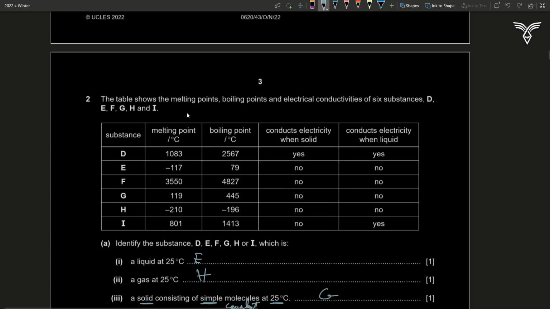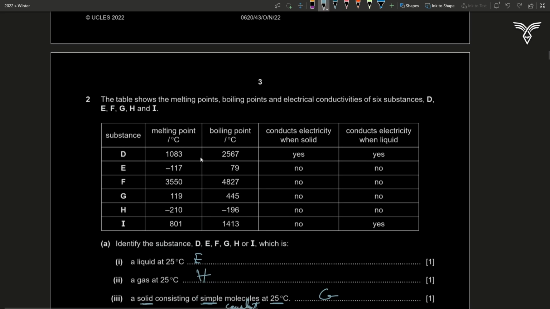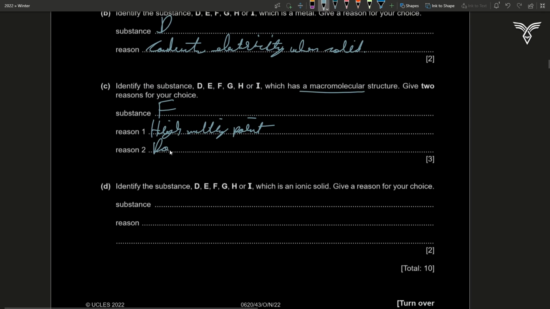Reason 1 زي ما قلنا عنده high melting point. ف reason 1 is a high melting point. حلو جميل. ايه reason 2؟ Reason التاني it doesn't conduct electricity when solid or when liquid.